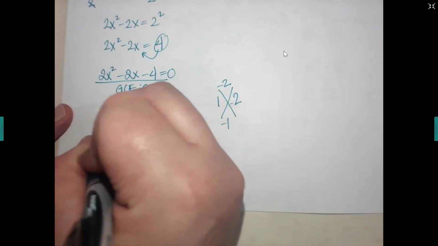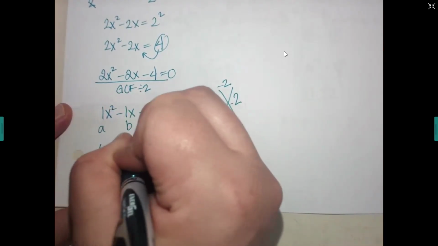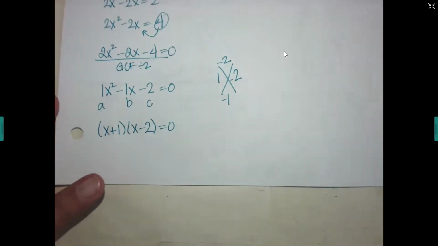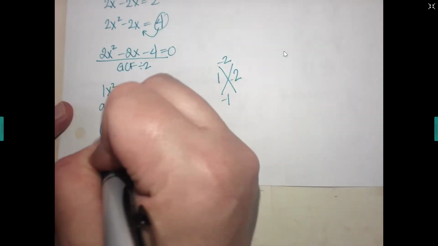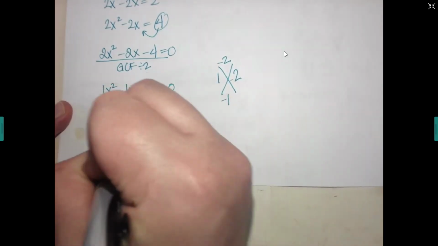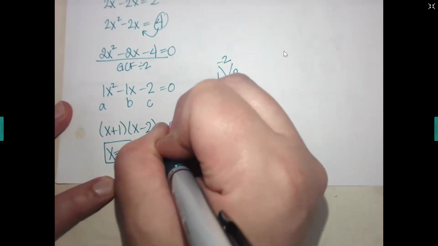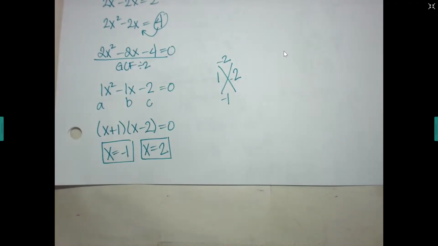So I'd have an x plus 1 and an x minus 2. Remember, though, your answers will come out reverse of that. So a plus 1 would turn to a -1, and a -2 would turn to a +2. Does that make sense?